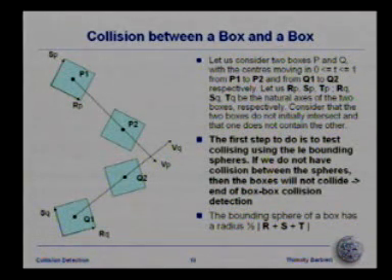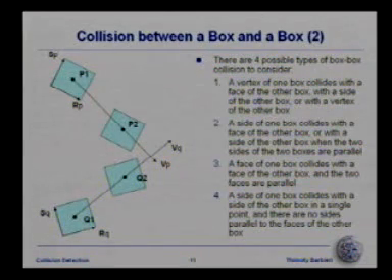But if sphere-sphere is positive, which means there is a possibility that the spheres, as defined with this radius, collide, then you are bound to understand how the boxes actually collide. If the bounding spheres do not collide, then you can safely assume that the boxes within them will not collide. As you can understand, there are four possible types of box-box collision to consider.